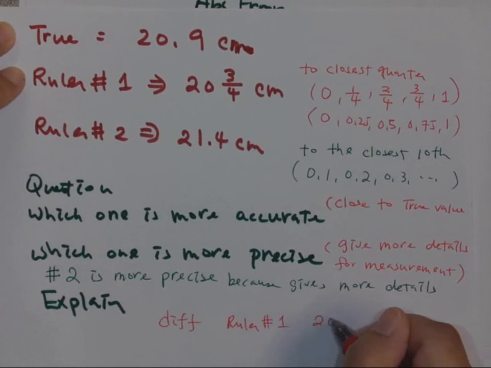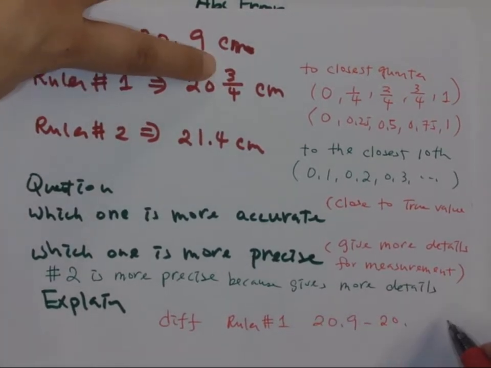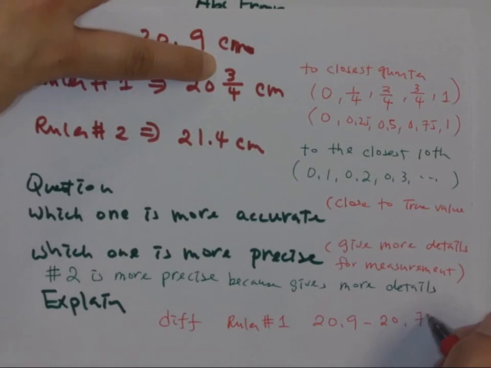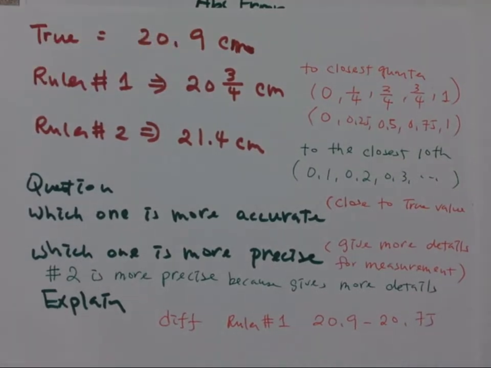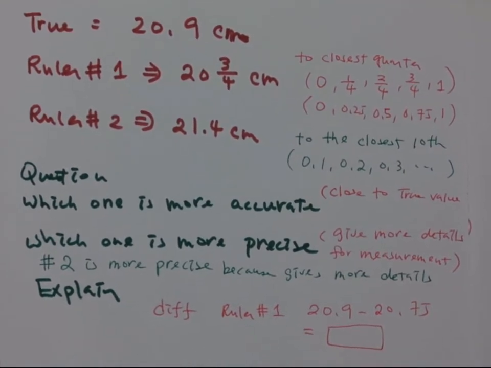So 20.9 subtract 20.75, since 3/4 means point 75. What do we get? Anybody? 0.15 centimeter.